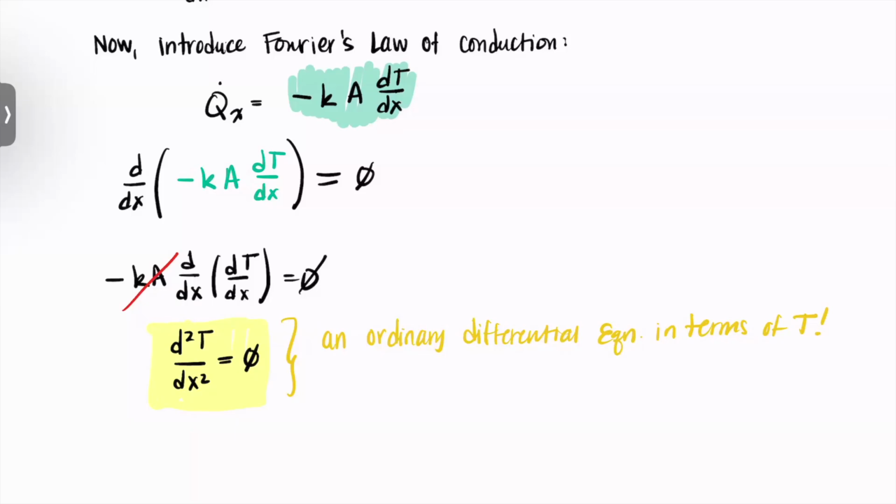So you're going to end up with constants of integration when you solve this, two of them to be precise. And so you need to know two temperatures at two physical places in space in order to solve this equation. If we had a time derivative, we would also need to know a value of the temperature at some point in time as well. But this is steady, so don't worry about that.